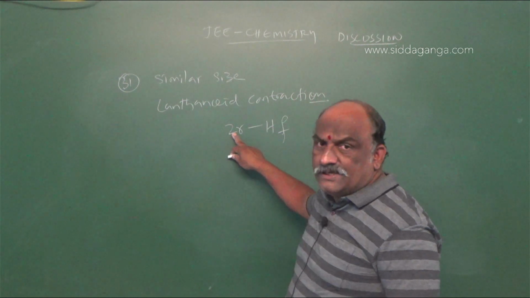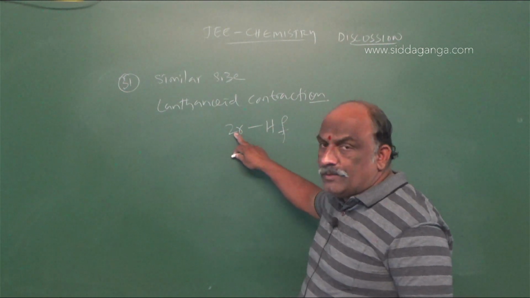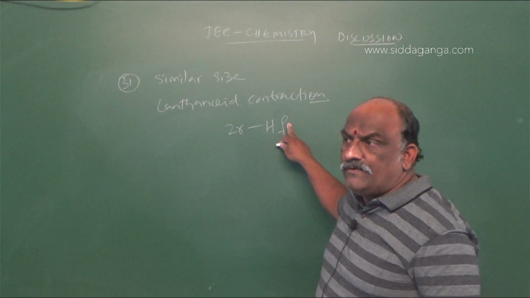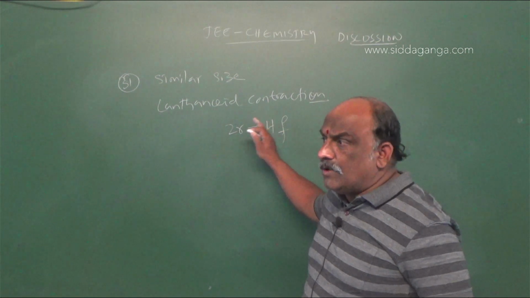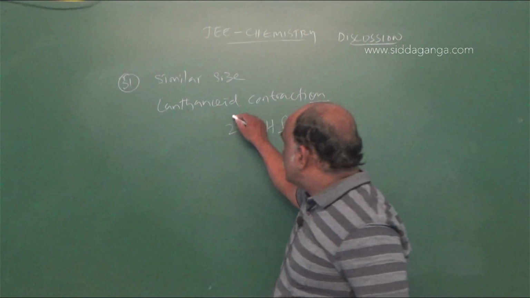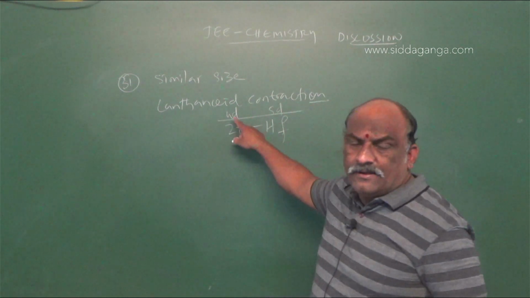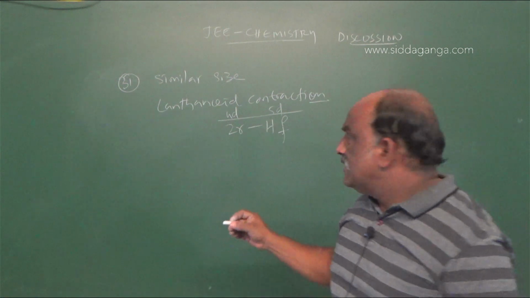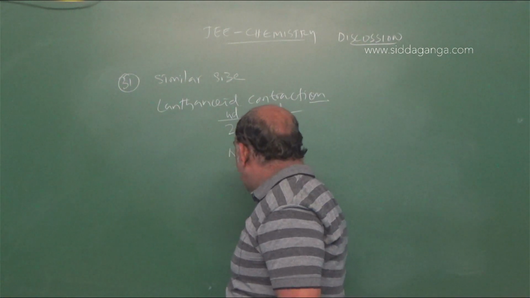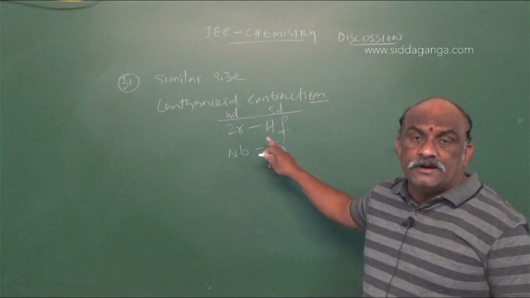Zirconium and hafnium are the best example of lanthanoid contraction. Zirconium and hafnium have the same size, approximately 160 picometers. 159 is nothing but 160 picometers. Both have the same size. One is a 4d series element and the second is a 5d series element, and they have almost the same size. The next pair is niobium and tantalum.